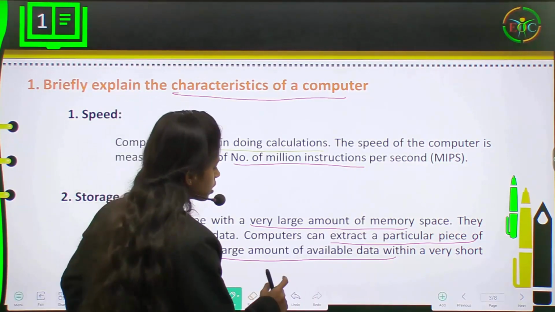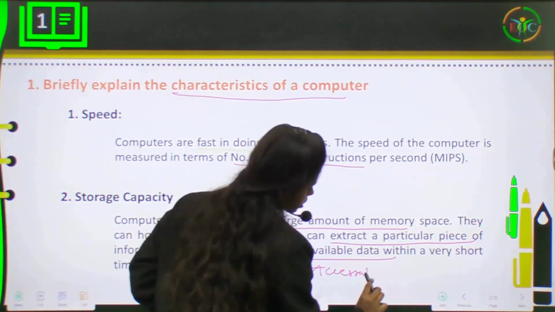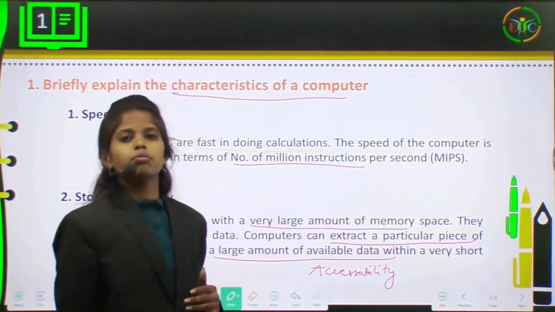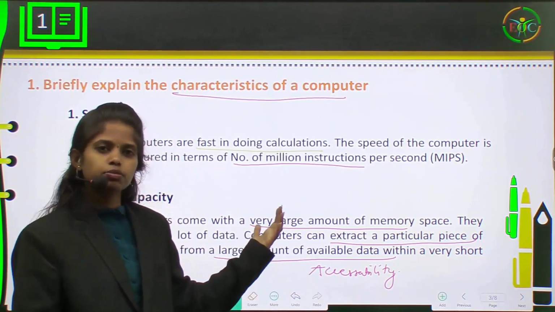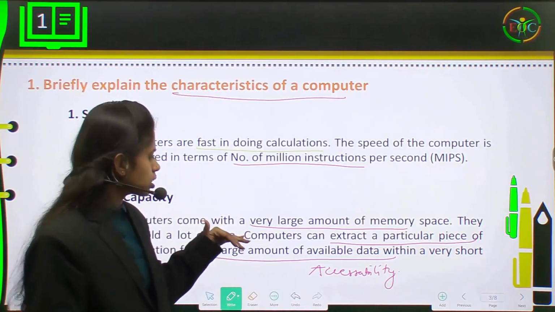This is again called accessibility. How can computers access the information from millions of data that is present here? So this is about storage capacity.